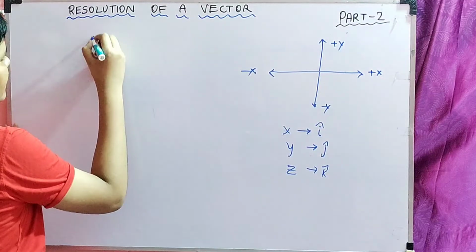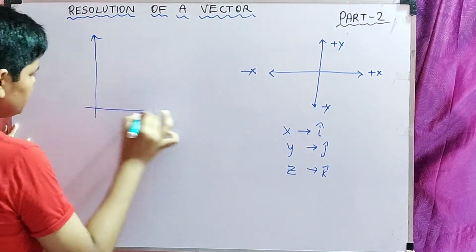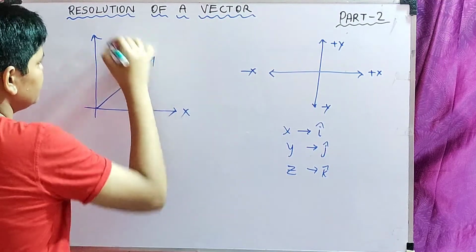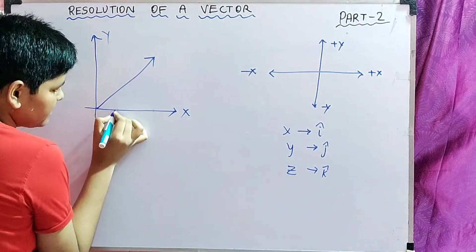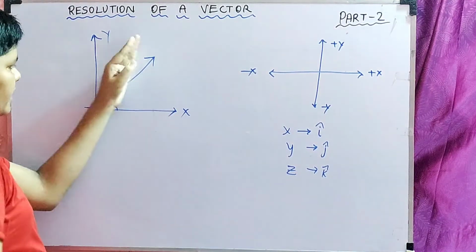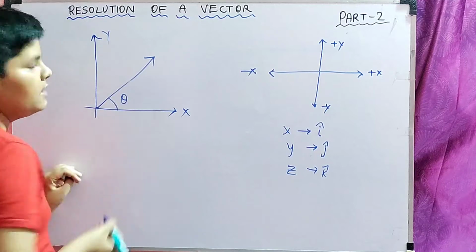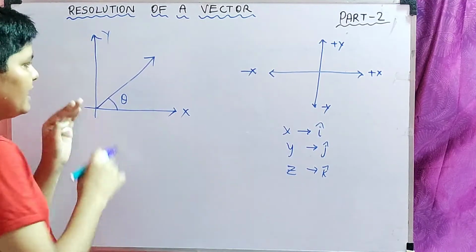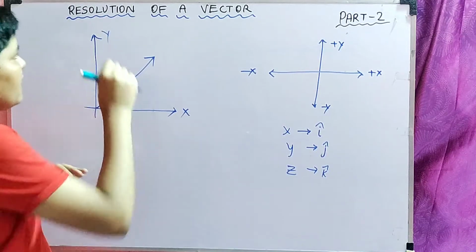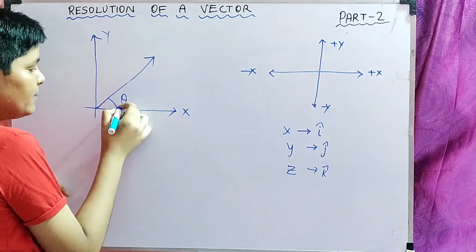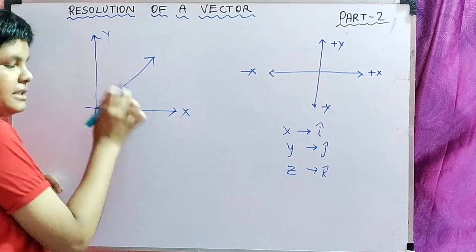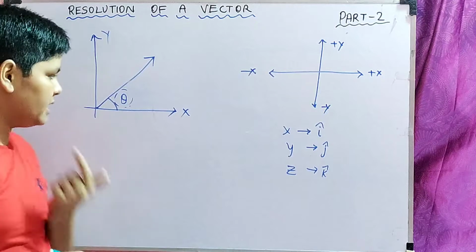If we take a graph like this, this is the x-axis and this is the y-axis. If we take a vector and put it at an angle theta from the x-axis, pointing upside, note that to find the resolution of the vector, you must see where the theta is, because if the location of theta changes, the resolution of the vector changes.